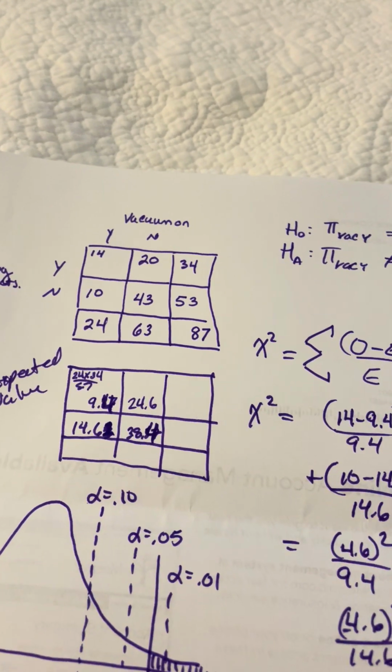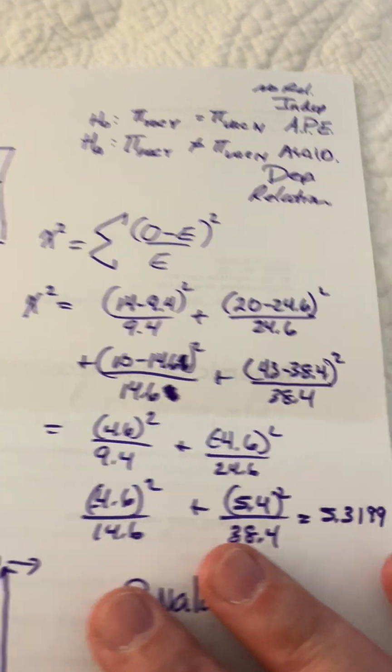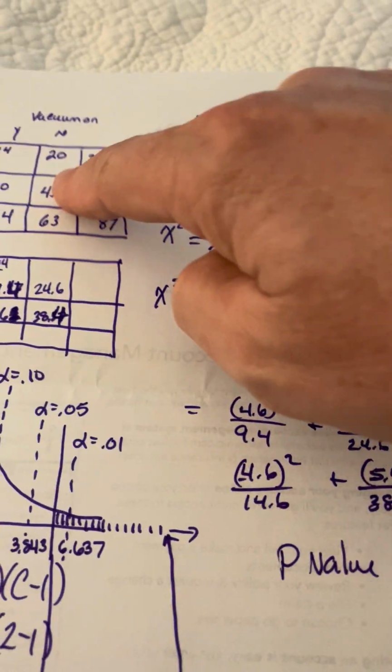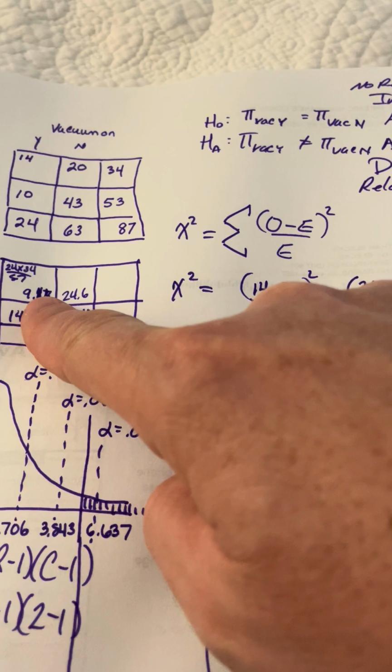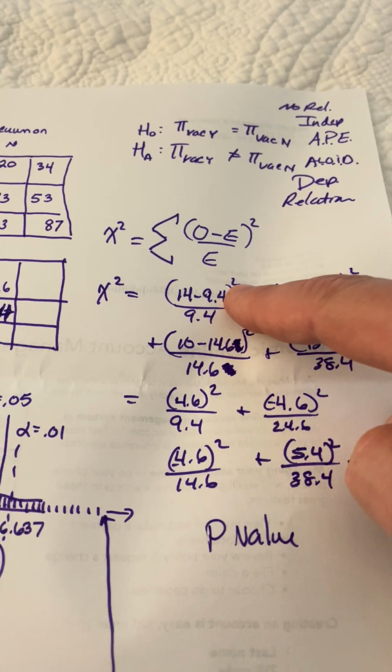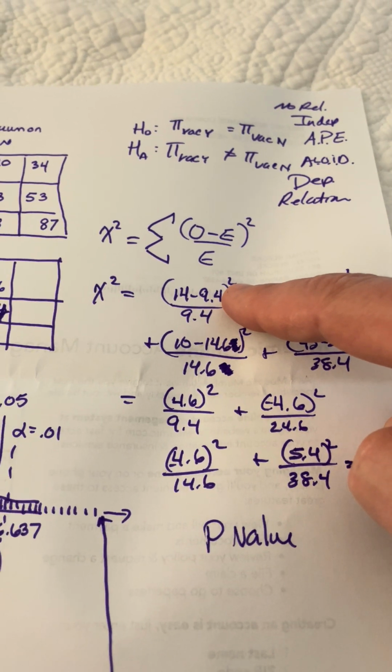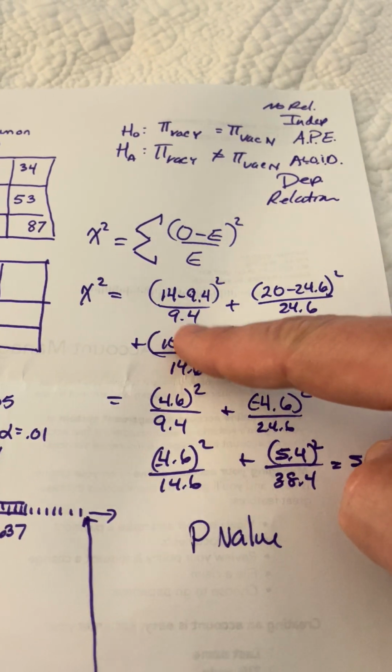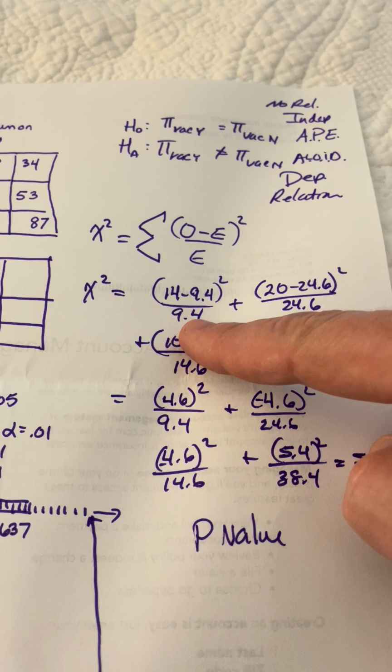And then what we do is we take the observed value, 14, minus the 9.4, observed minus expected. We're going to square that. Effectively, it gets rid of the negative. And then we divide it by the expected, 9.4.